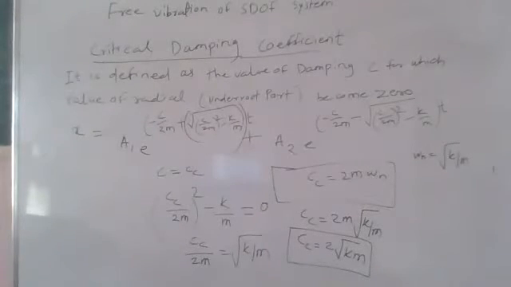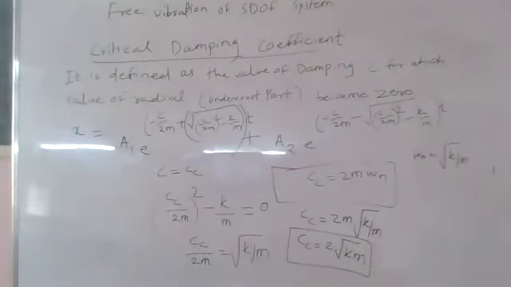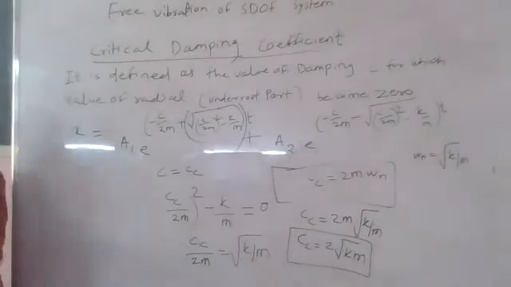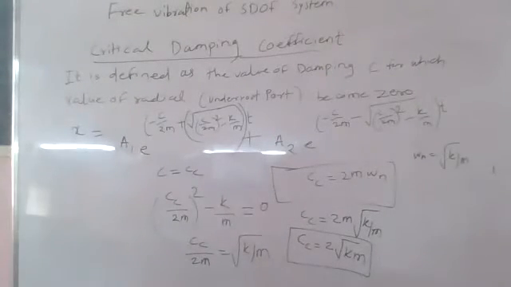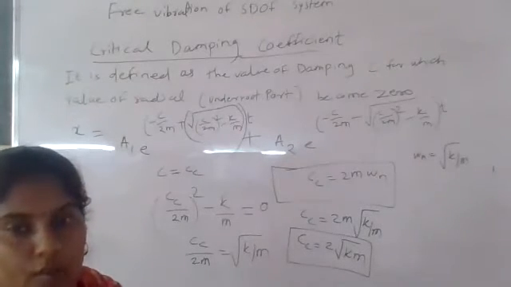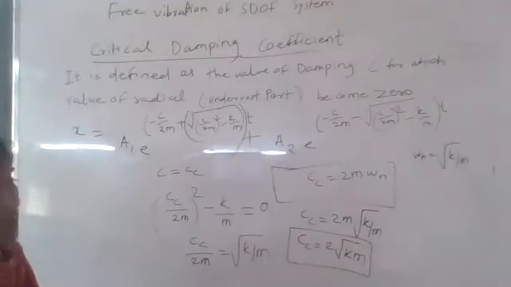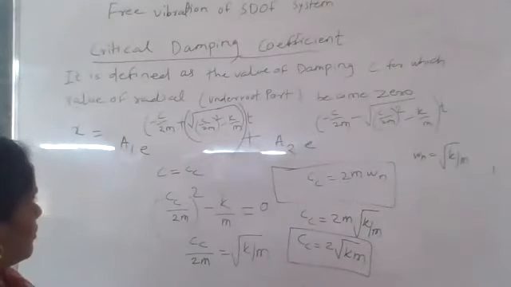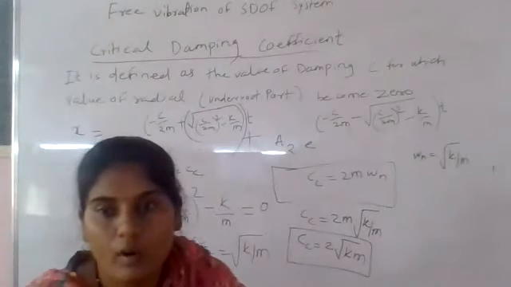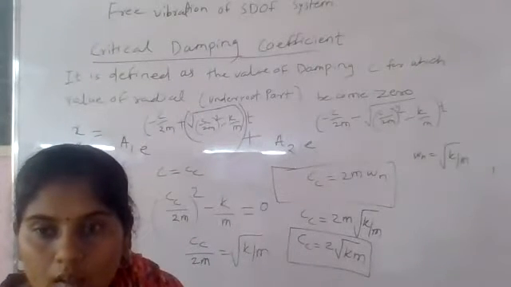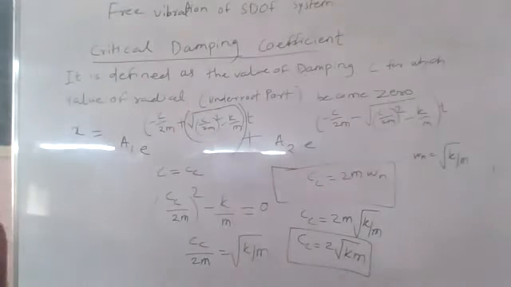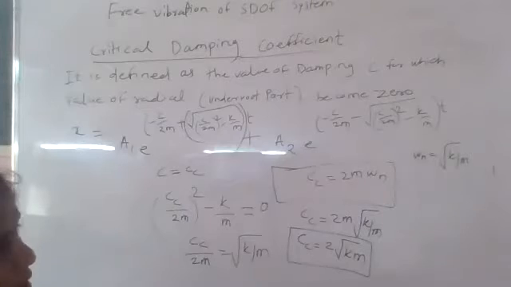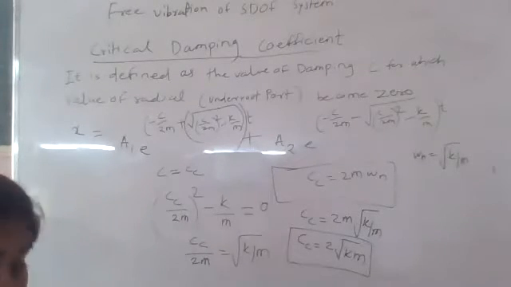It is defined as the value of damping C for which the radical part becomes 0.